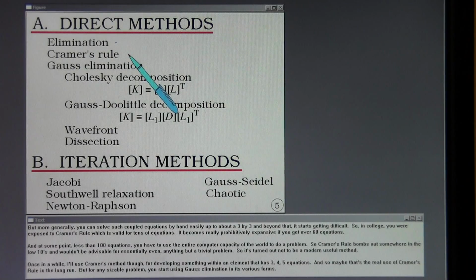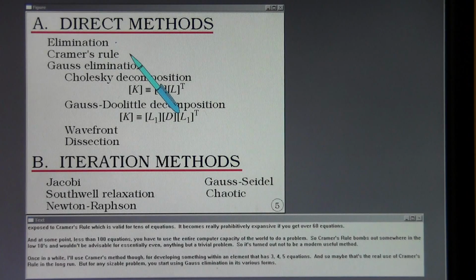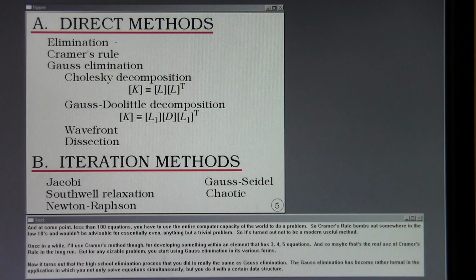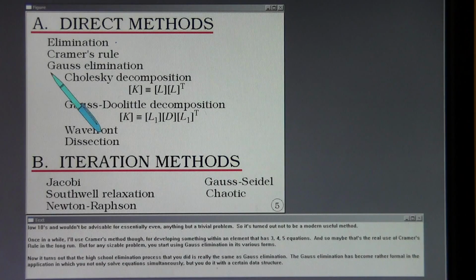So Cramer's rule bombs out somewhere in the low tens, and wouldn't be advisable for essentially anything but a trivial problem. So it's turned out not to be a modern useful method. Once in a while I'll use Cramer's method, though, for developing something within an element that has 3, 4, 5 equations. And so maybe that's the real use of Cramer's rule in the long run.